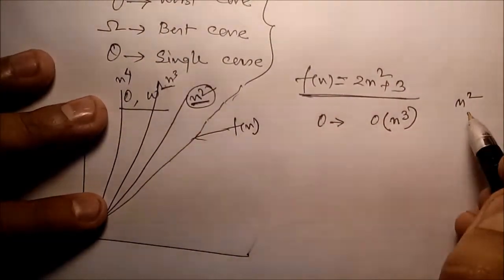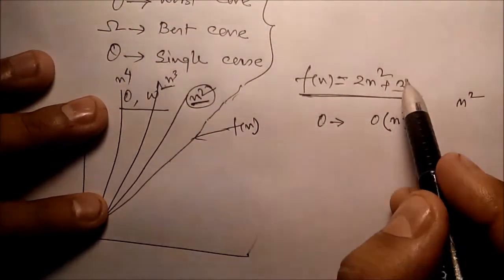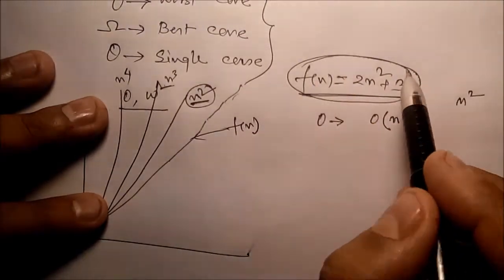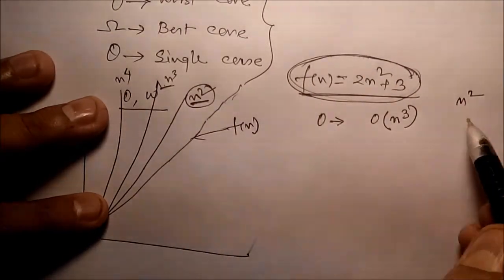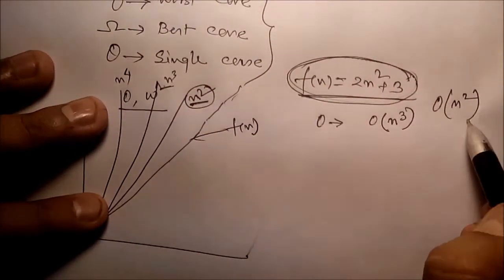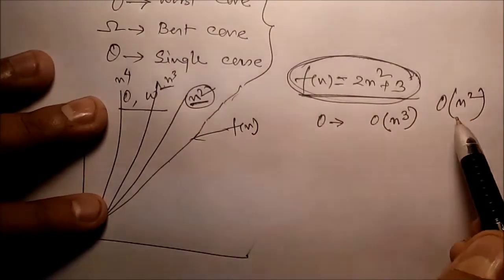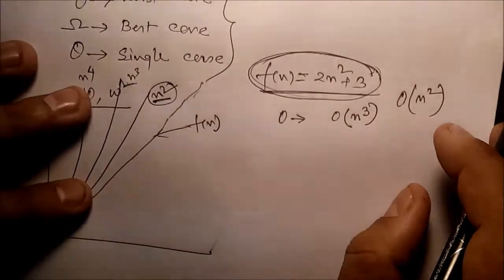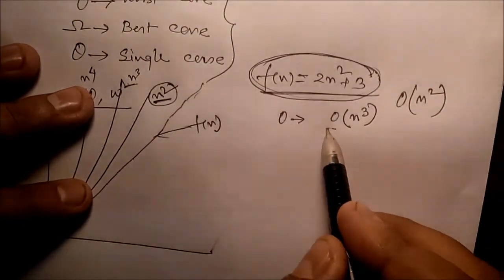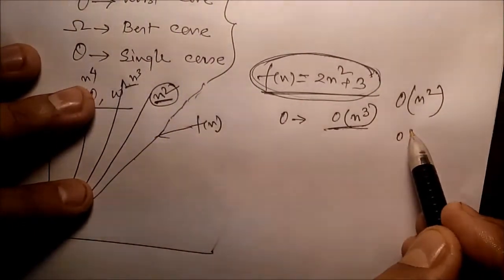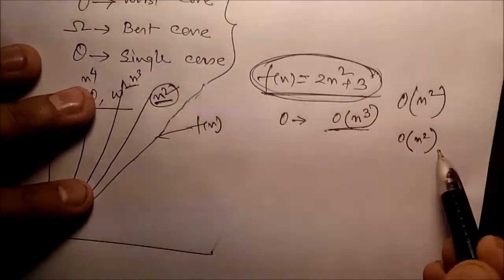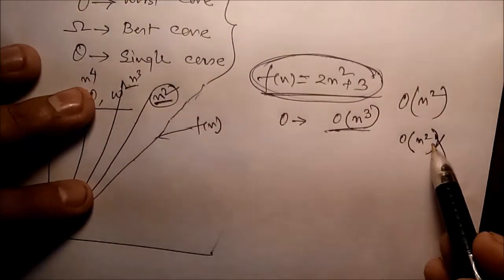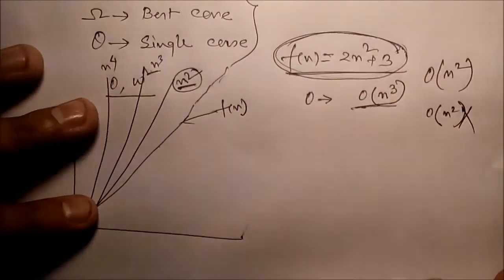But n square is asymptotically tight. In this case, if it is worst case complexity, then we can write big O of n square. But if you want an equation which is not asymptotically tight, then we can write small o of n cube. So for small o we cannot write n square, because n square is asymptotically tight.